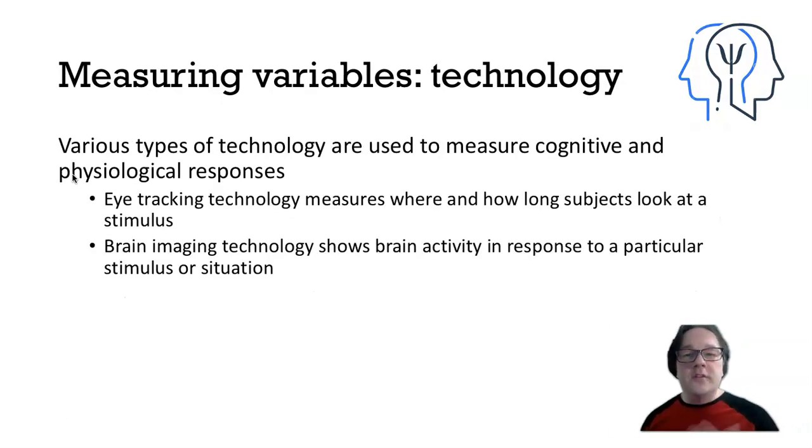Some other ways of measuring variables is through various types of technology. So different types of technology can be used to measure cognitive and physiological responses. So we're seeing more and more of this popping up in social psychological research because the technology is getting cheaper.